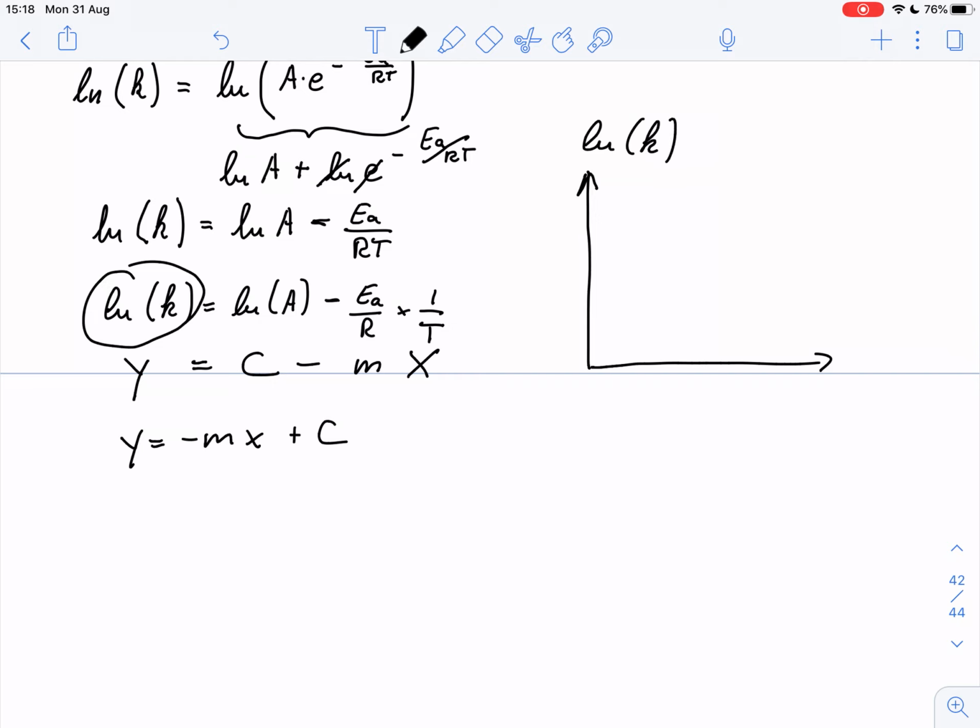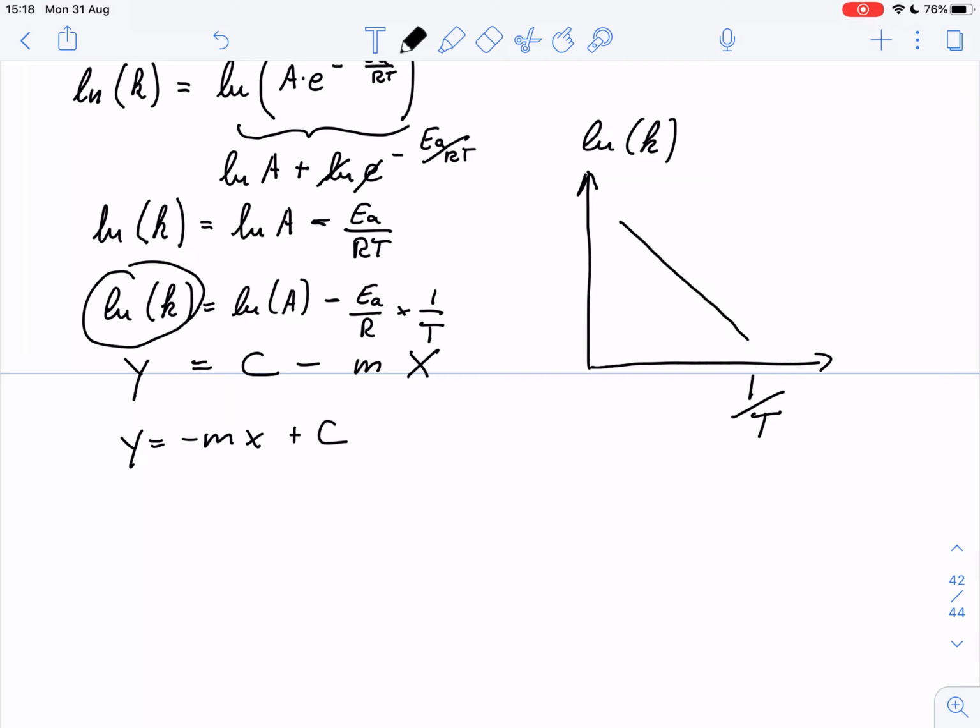What do we plot on the x-axis? Well, on the x-axis we plot 1 over T. And what we get is really a straight line like this.